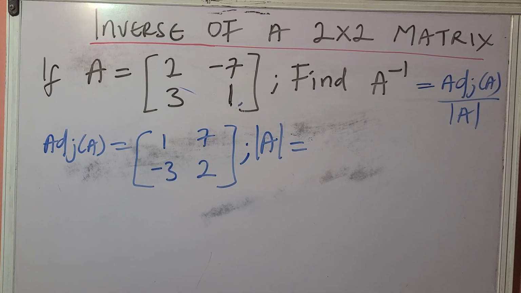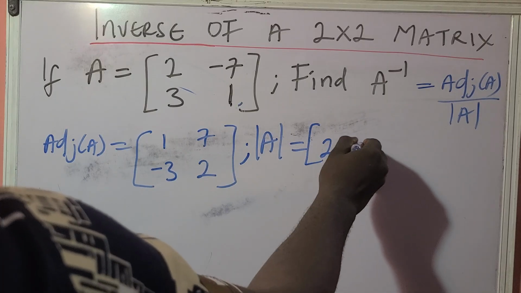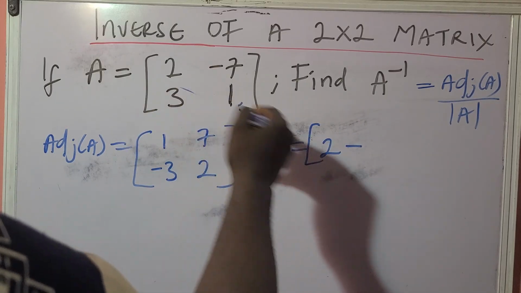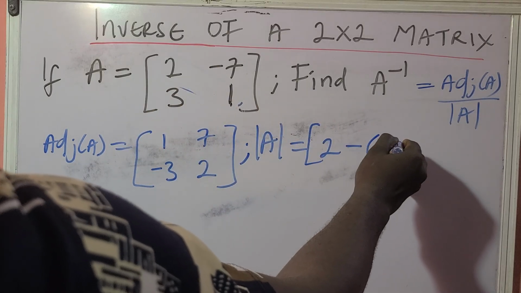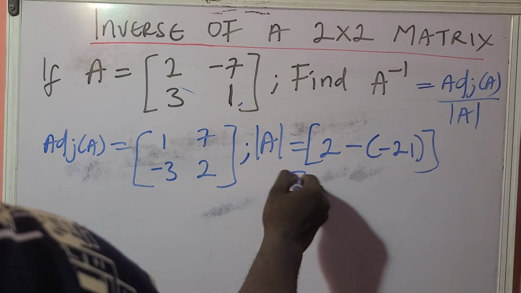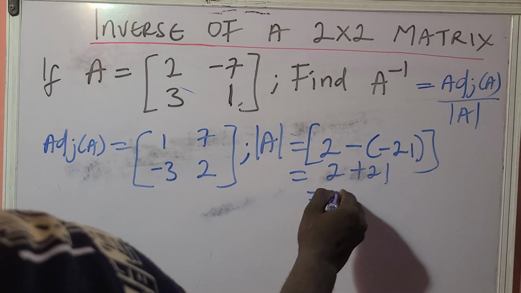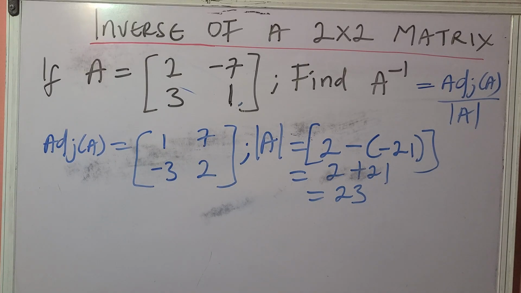So what we have is 2 times 1, that would be 2, minus 3 times minus 7, that will be minus 21. This will be 2 plus 21. This will be 23.